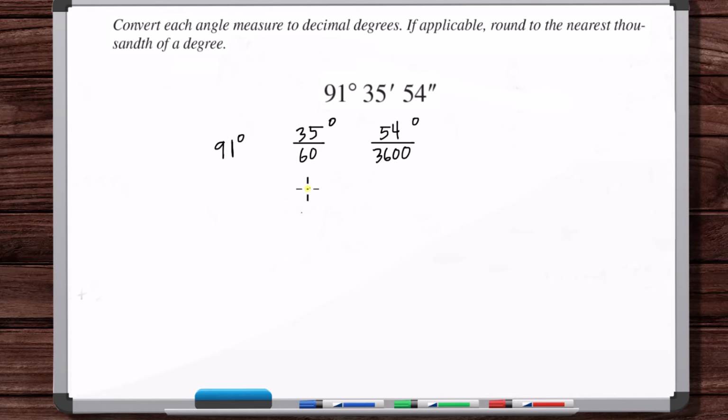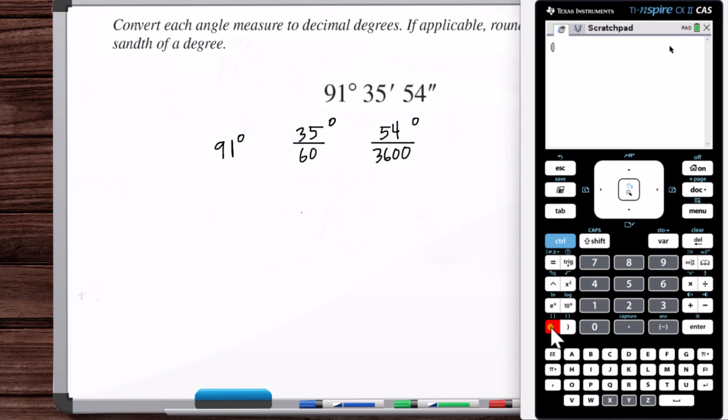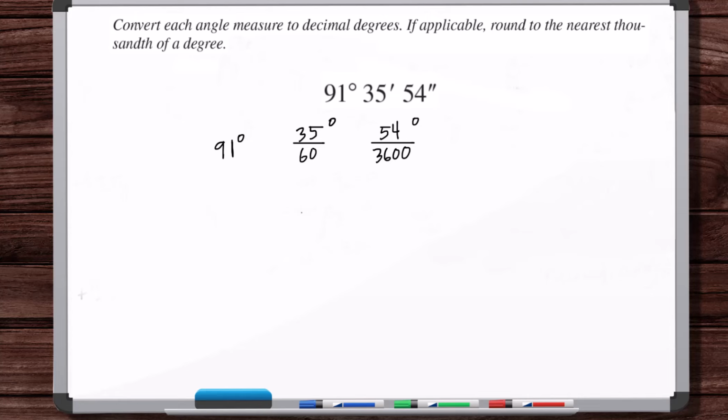But okay, so we've got 35 divided by 60 plus 54 divided by 3,600, 0.59859, to the thousandth of a degree. We're going to round it, so 0.598. So 91.598 degrees.